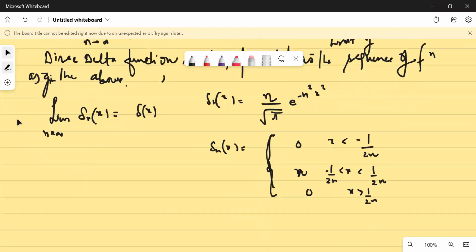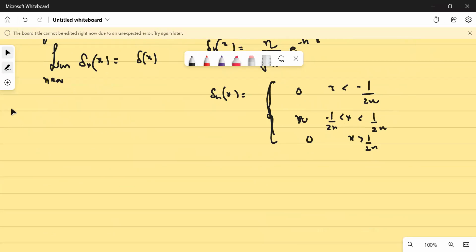Okay, so further as I move along, I'll start putting some more examples as I go along. One such function can be a family of Lorentzians.